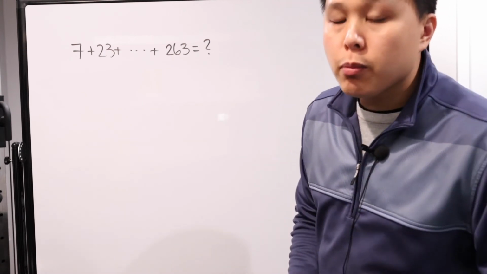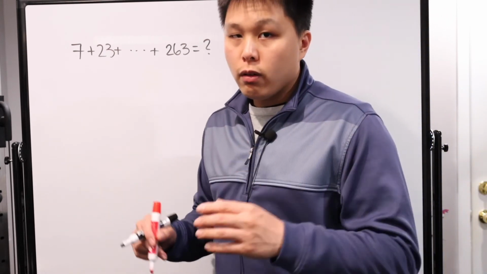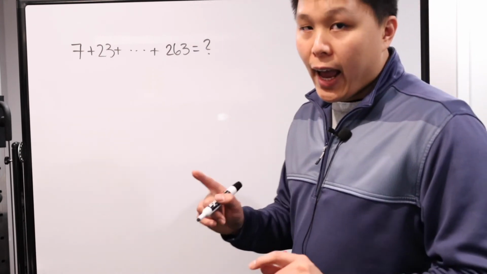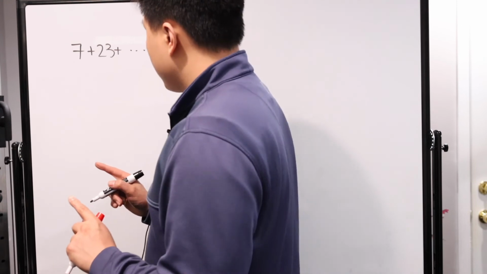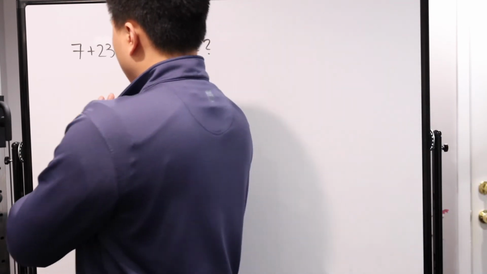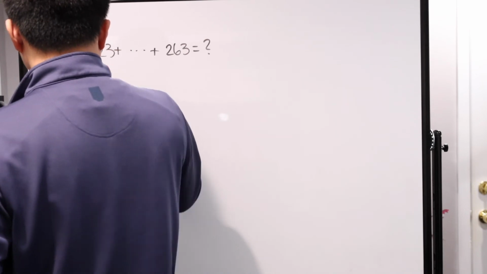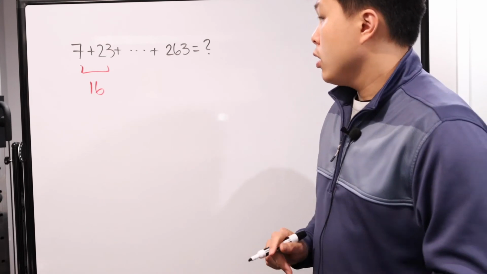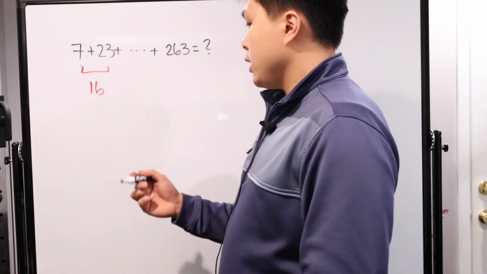And if we know the number of terms, then we can solve it very easily. So, first and foremost, since they have a common difference, we can think of it as a sequence if that helps us. The difference between these two is 16. Okay, good. So we already have 16.